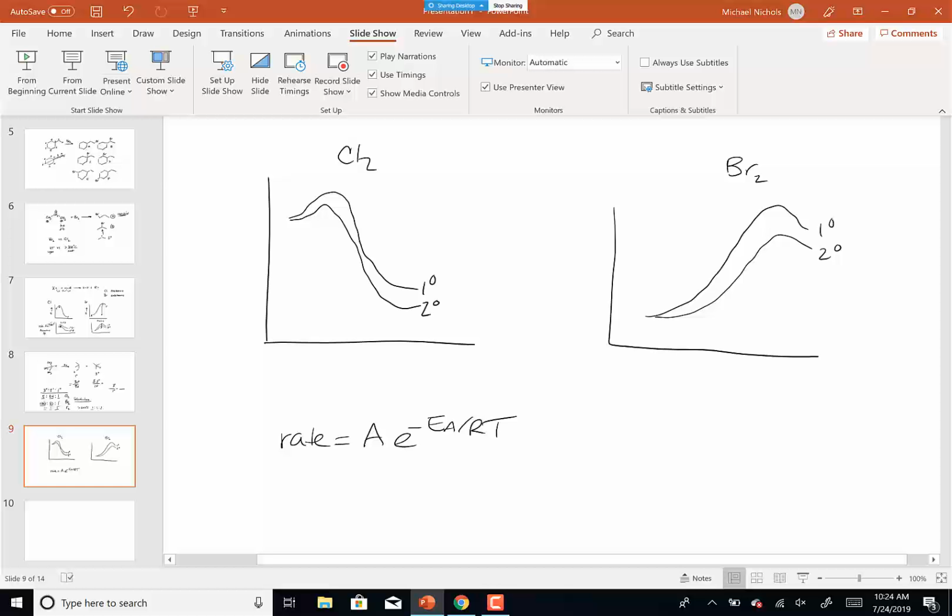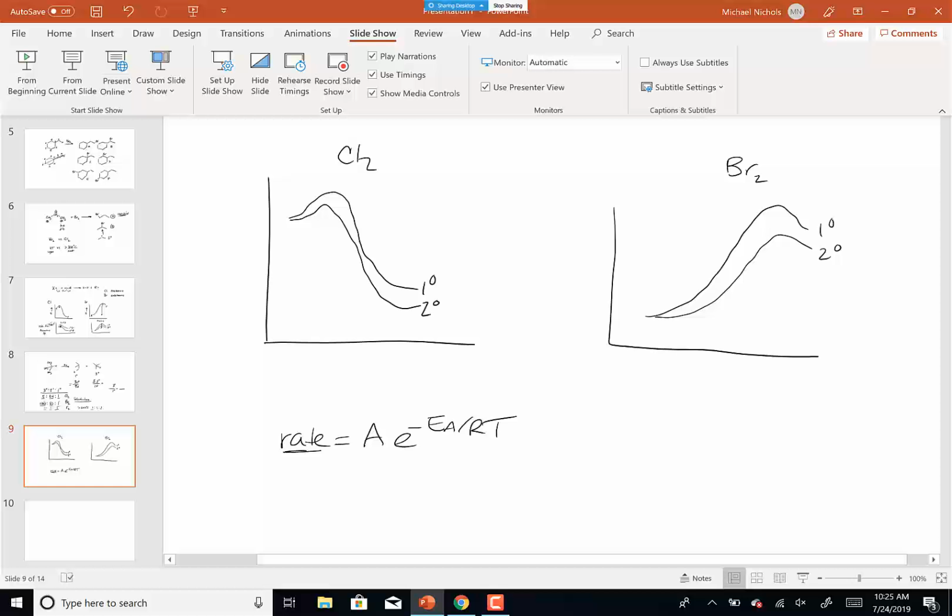Now, if I do that, the molecules are going to go over each barrier faster. And the relative rates of overcoming both of those barriers is going to get smaller. So as I raise the temperature, there's going to be a point where the molecules can go over either barrier equally well.